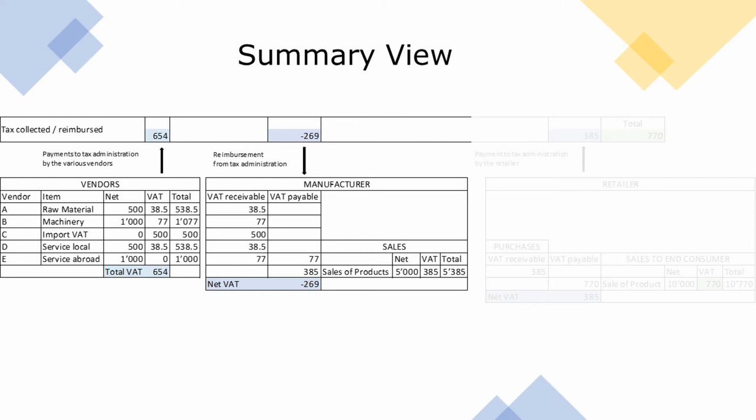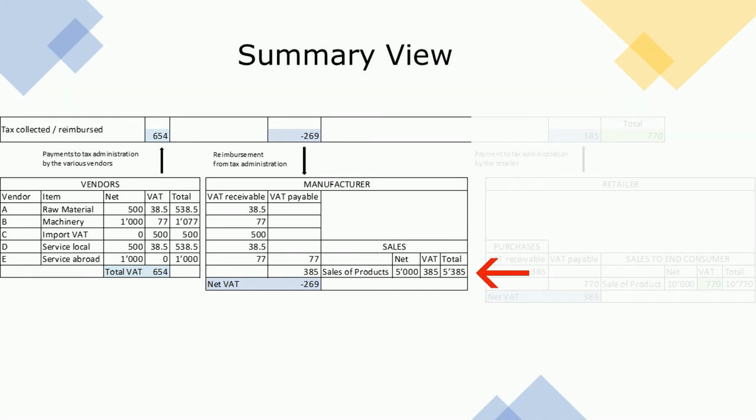The manufacturer records the VAT from all its supplier invoices on the VAT receivable, or so-called input VAT. For the service rendered by supplier E from abroad, the reverse charge procedure applies and the manufacturer self-accounts for VAT by recording the calculated VAT amount on the VAT receivable and at the same time recording VAT payable for the same amount.